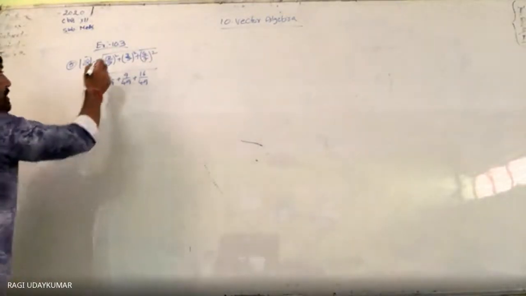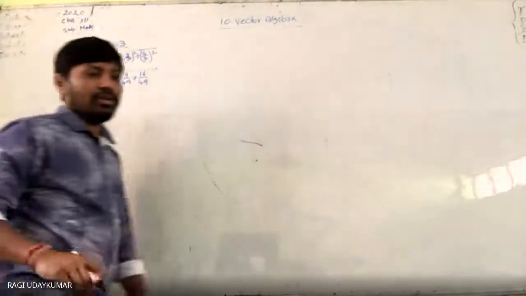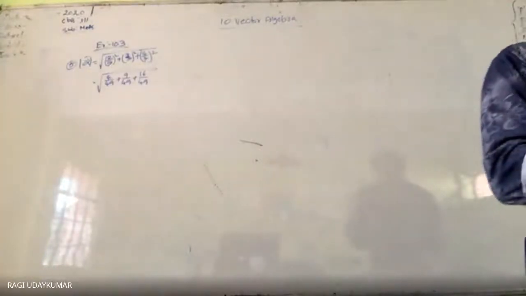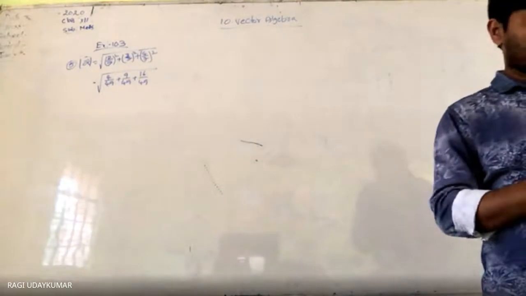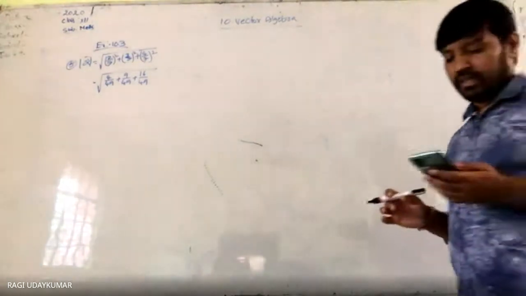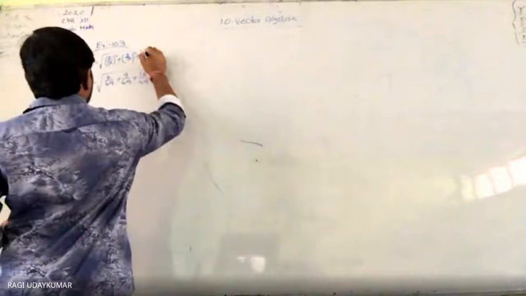Oh, sorry. The vector is given to you as 2, 3, 6.